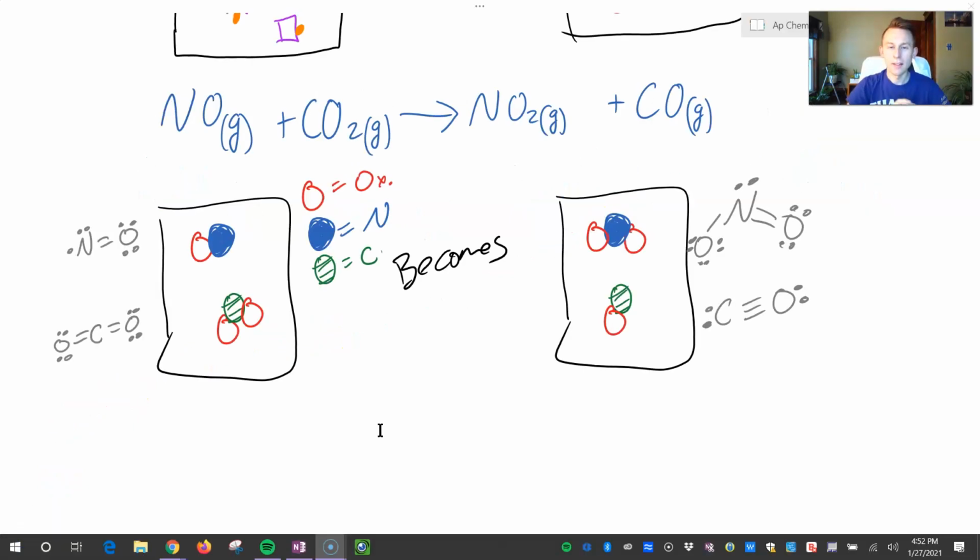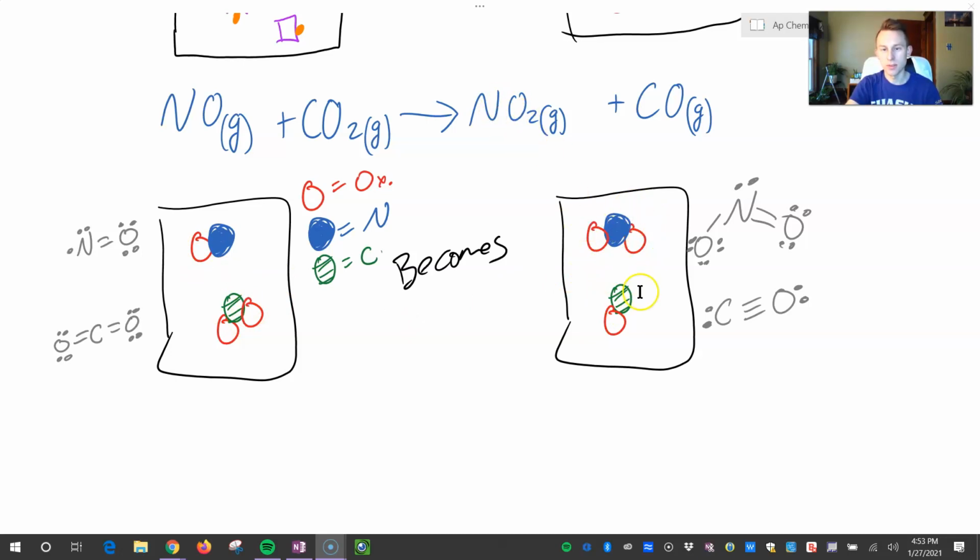Okay, I've got this. I drew this picture for you, just you though, nobody else. In the particle diagram, we've got NO, and that's what this first molecule is, and then that's reacting with carbon dioxide, this one right here. These 2 molecules are rearranging and becoming these 2 molecules over here.